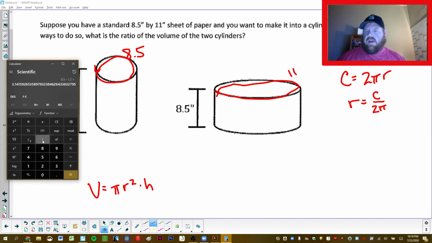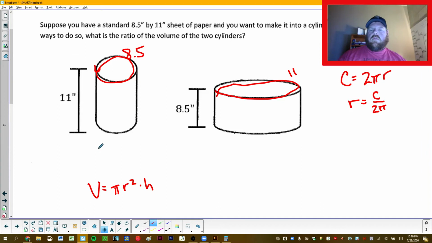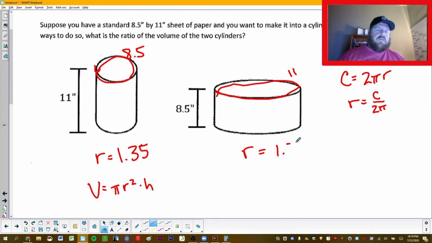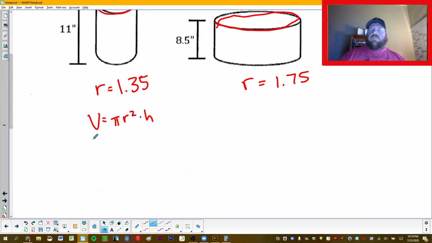I think the pi is negating the, yeah, that's what was happening. So I get 1.35. So this one has a radius of 1.35. This one over here has a radius of, let's do that same thing with 11. So 11 divided by 2 pi, 1.75. And we'll figure out the volumes.